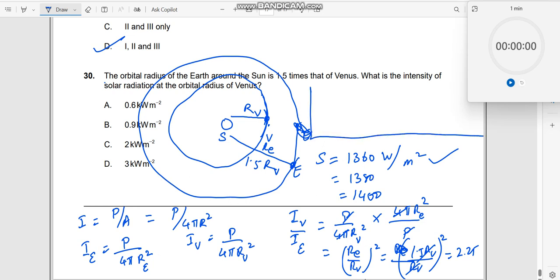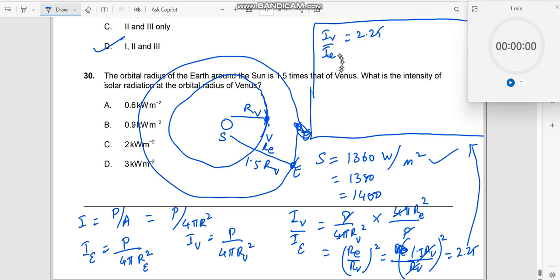Let me write it down here, as I don't have space on the downside. You have IV by IE equal to 2.25, so IV is equal to 2.25 times IE. Because Venus is nearby, the intensity should be larger, which will be 2.25 times.